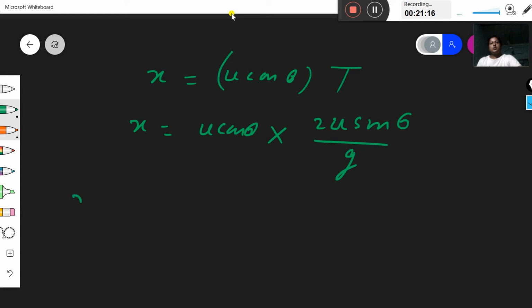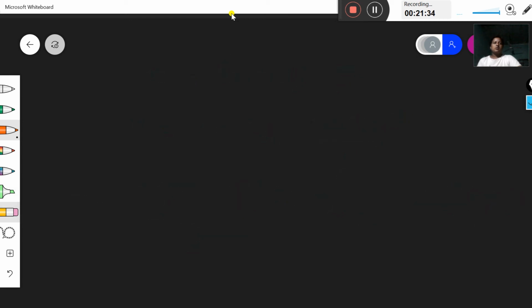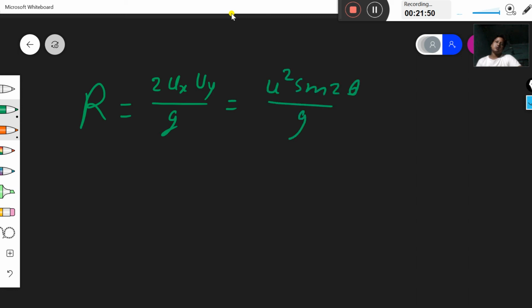So x comes out to be 2 u cos theta u sin theta over g, or u square 2 sin theta cos theta over g. So we can arrange these equations for range. Range comes out to be 2 ux uy over g, or u square sin 2 theta over g. This is the general formula for finding range.